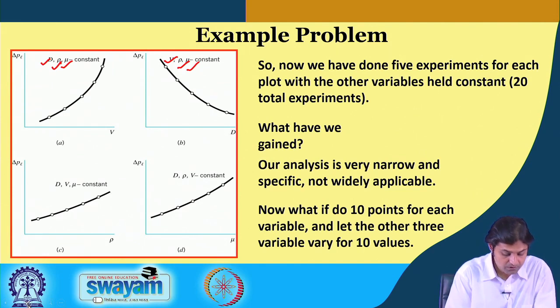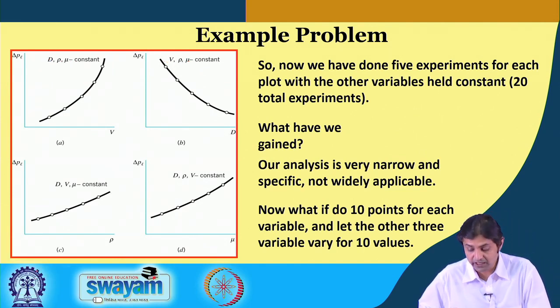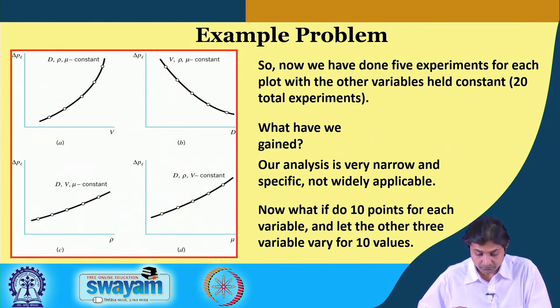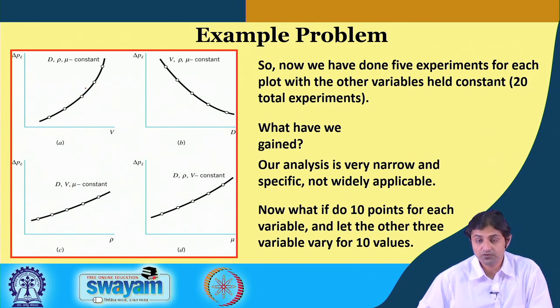Now, if we decide okay, we will do 10 points for each variable and let the other 3 variables vary for 10 values. So, instead of 5 here we do 10, okay, and the other 3 variables can also vary for 10 different values.